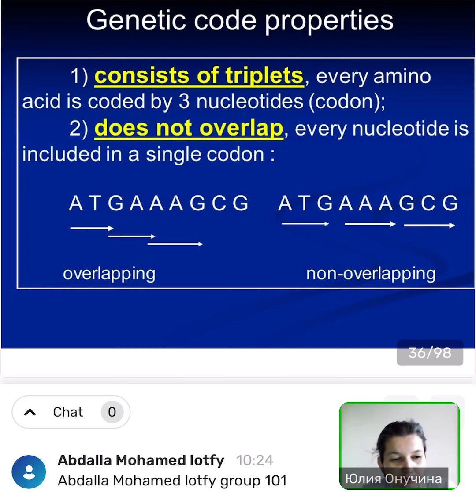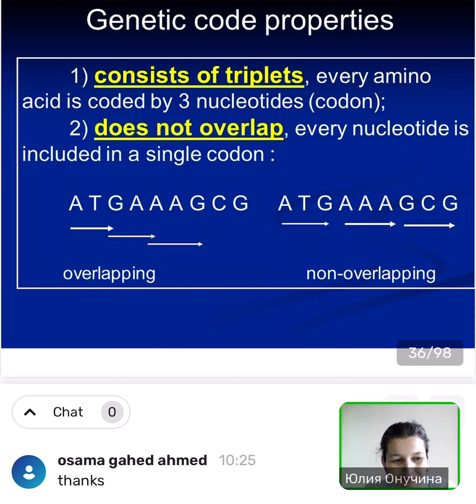So ATG, the first codon in eukaryotic cells, uses only one nucleotide once. The next codon will be with other nucleotides, AAA.